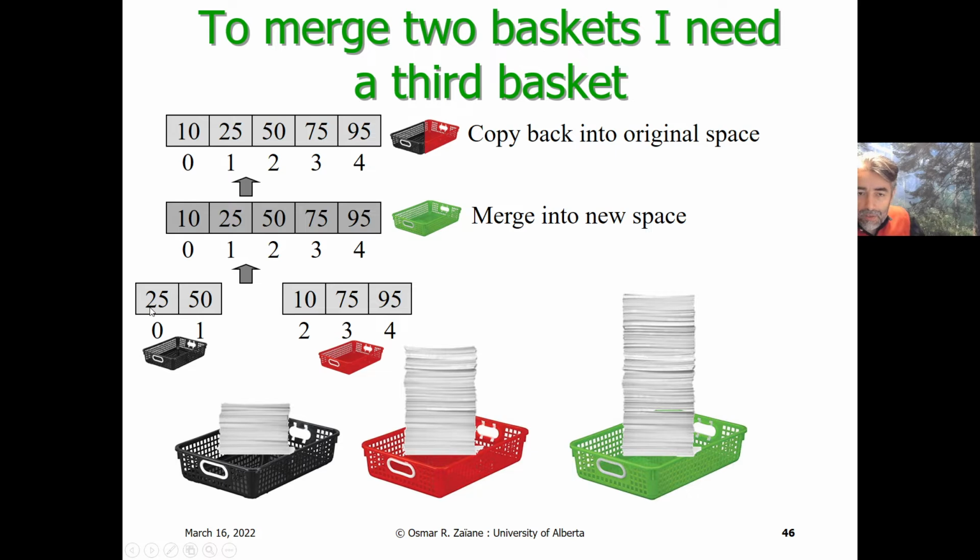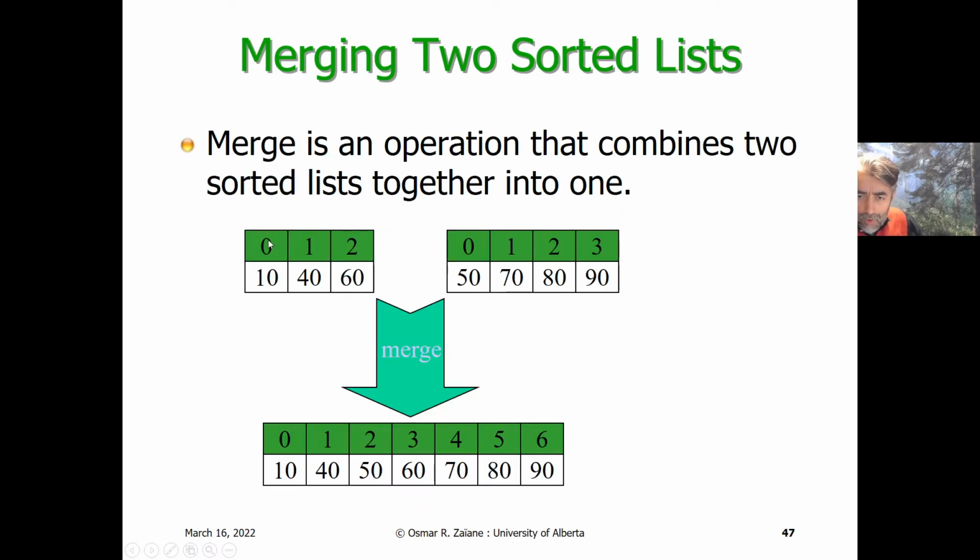Well, this one is 2 spots. Here is 3 spots. So basically I need to have 5 spots here, and that's what the 5 spots are here, represented by the black and the red, basically these two put together. Okay, so when I'm merging, I can't merge in place. I have to merge in another space.